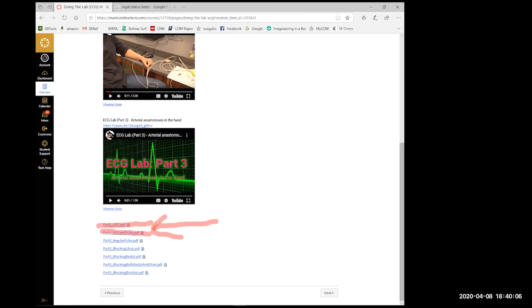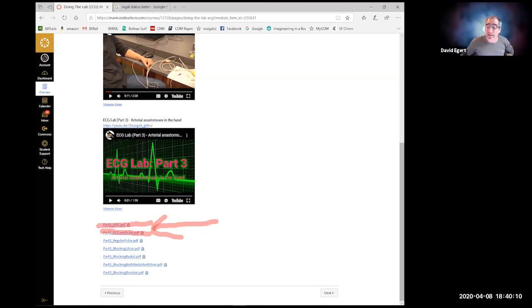QRS complex. Exactly, that QRS complex. And then we can see the amount of time from when that happens to when you actually see the pulse showing up. In fact, I can just open this up and you can see it.